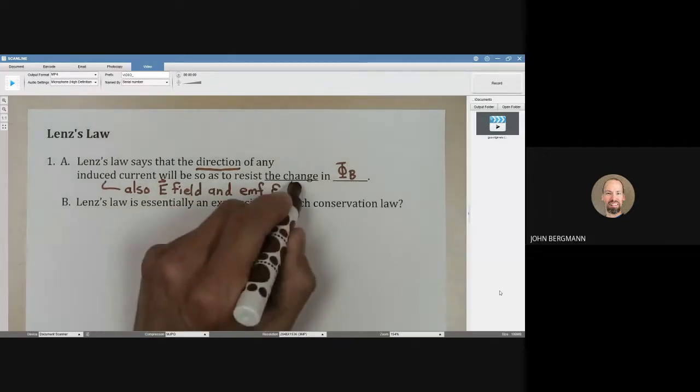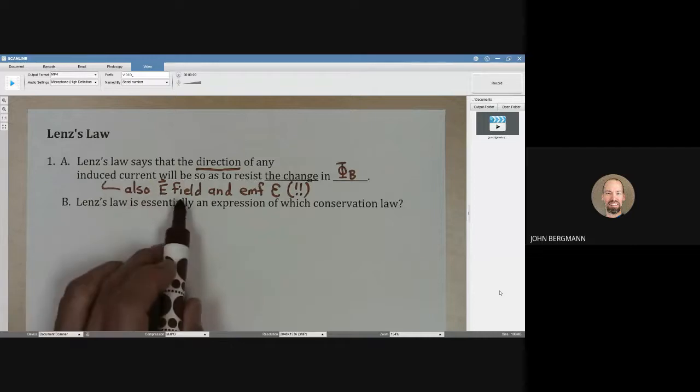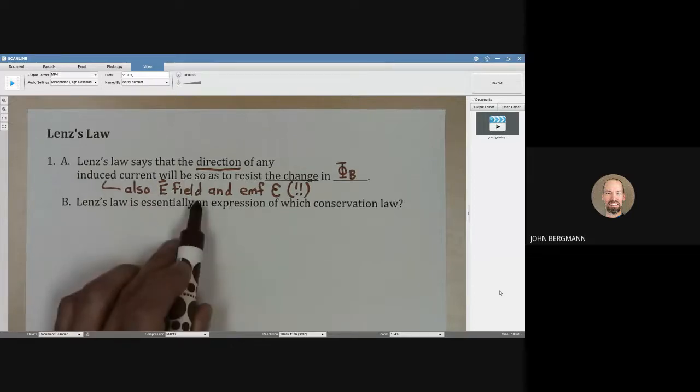All of those are what Lenz's law deals with: the direction of the induced current, the induced EMF, the induced electric field, and it has to do with the negative sign in Lenz's law.